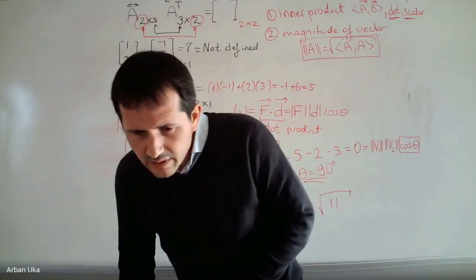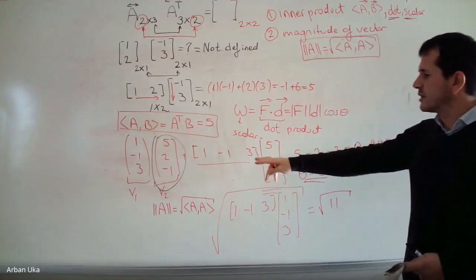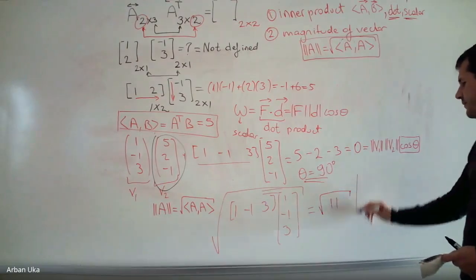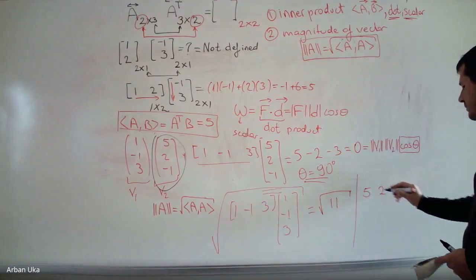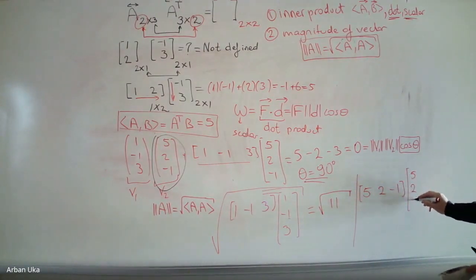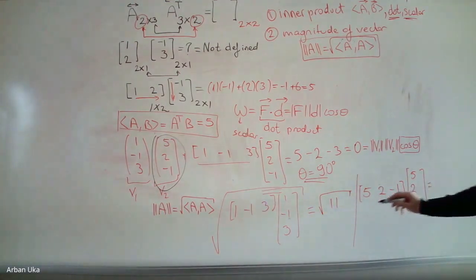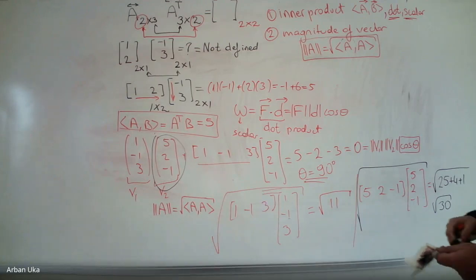So what can be the magnitude of the second vector? 25 plus 4, minus 1, plus 1. We get the square root of 30, okay, that's the magnitude.